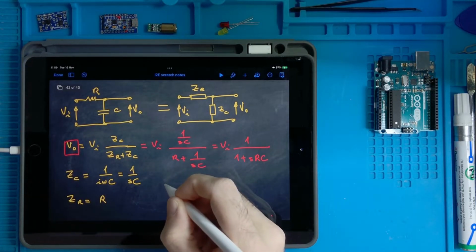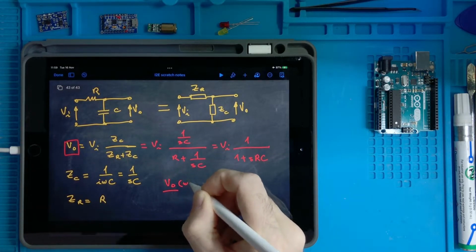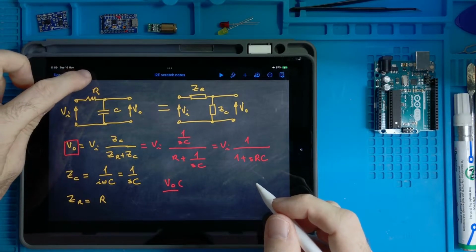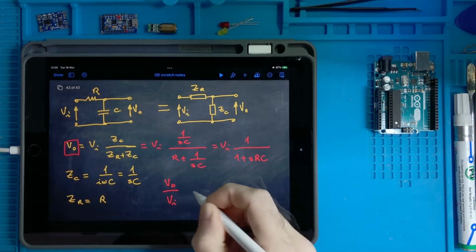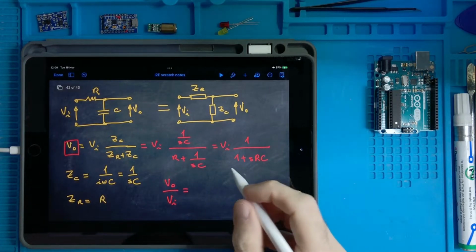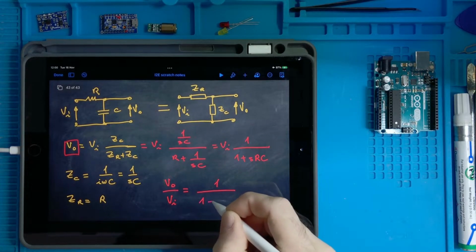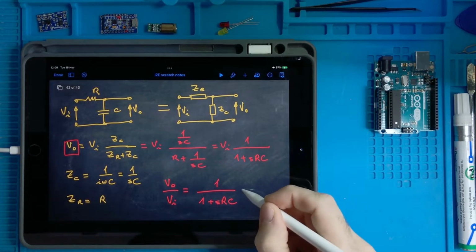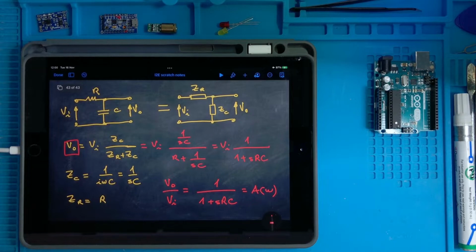This is equal to the output, which means that the output as a function of omega, or if you prefer as a function of S, but let's write it like this, is just 1 over 1 plus SRC, and this thing is what we call A of omega.